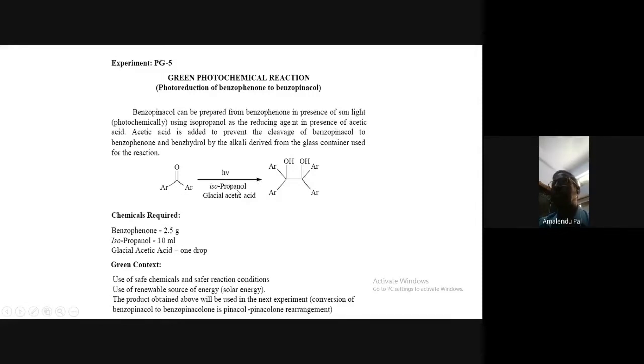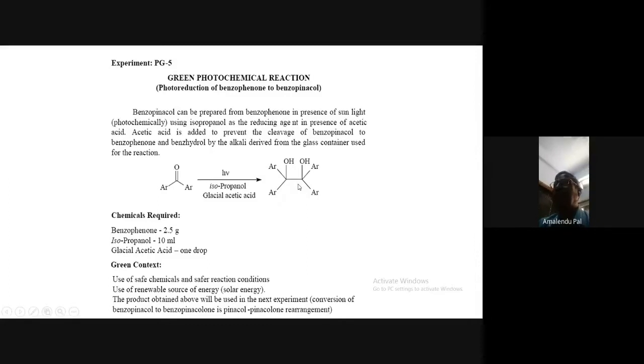That's why you have to use glacial acetic acid. These chemicals are very safe, so it is a safer reaction condition, and we are also using a renewable source of energy, h nu, solar energy.